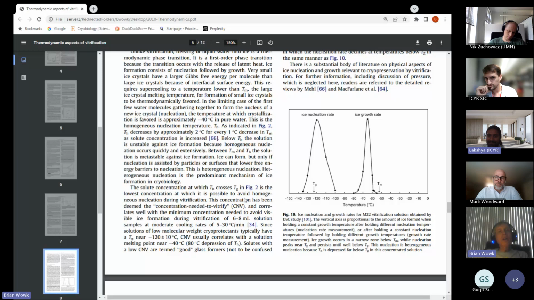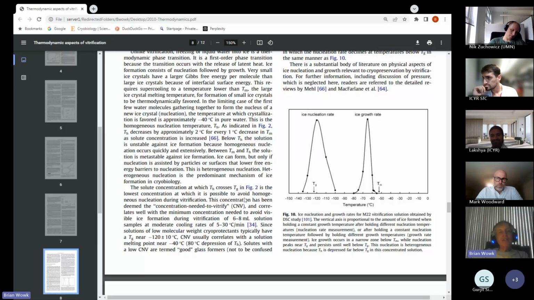They're overlapping. Good question. And Hey and MacFarlane published papers at intermediate concentrations of vitrification solution, and they compiled time temperature transformation curves that effectively mapped ice nucleation and melting curves. And what they found is that at low concentrations, like vitrification solutions you'd use for reproductive cryobiology, for example, these curves do overlap.